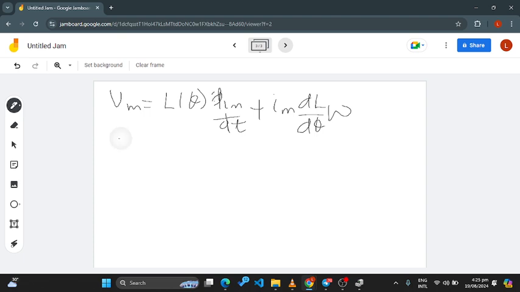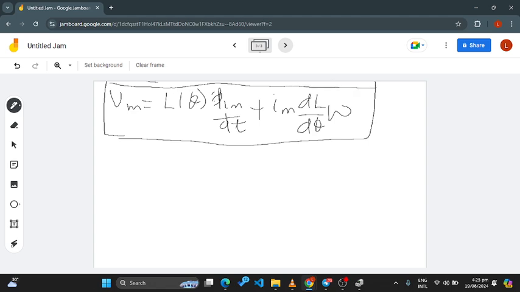This equation here, if you are thinking about answering a question on chapter 4, you shouldn't forget this on Thursday. It's an important equation. So this is one.